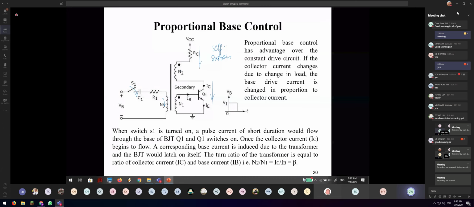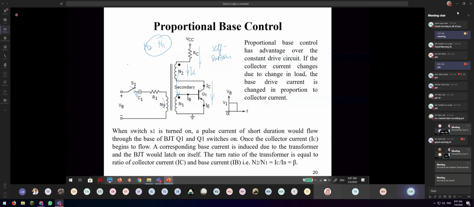Because this is controlled by the transformer turns ratio, they control the ratio between N2 and N1. What happens is that when the current IC passes through here, it will induce a current into N1. N1 will generate the IB.